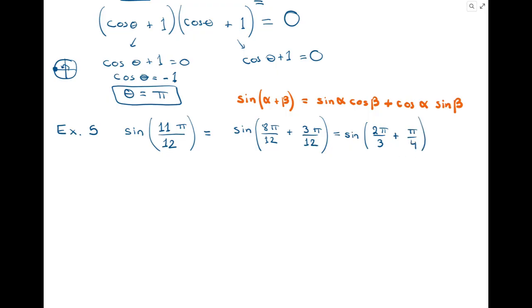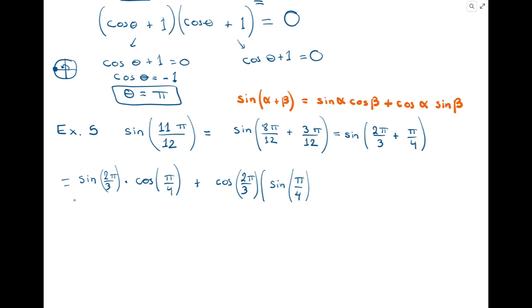So this is what we're going to work with. So sine of 2 pi over 3 plus pi over 4 is going to be equal to sine of 2 pi over 3 times cosine of pi over 4 plus cosine of 2 pi over 3 times sine of pi over 4.